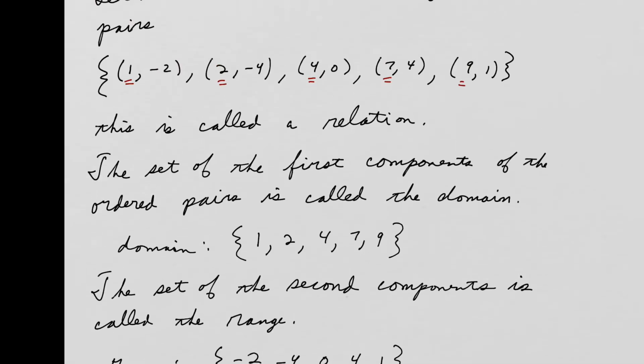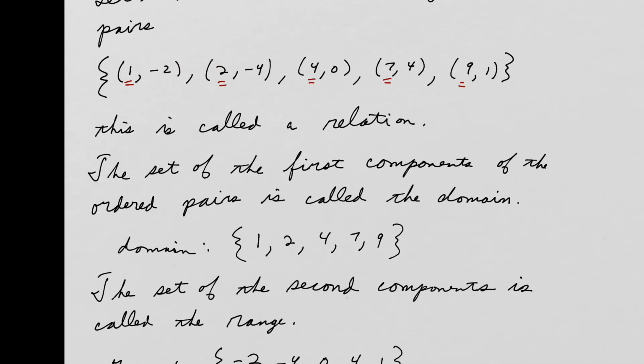So again, how did I get those values? I'm just picking off the second components of the ordered pairs, which you can think of as the y values. So -2, -4, 0, 4, and 1.